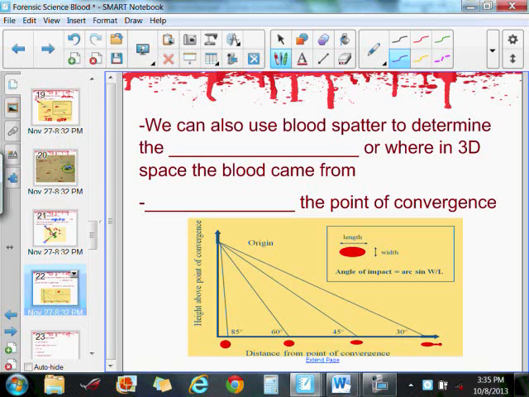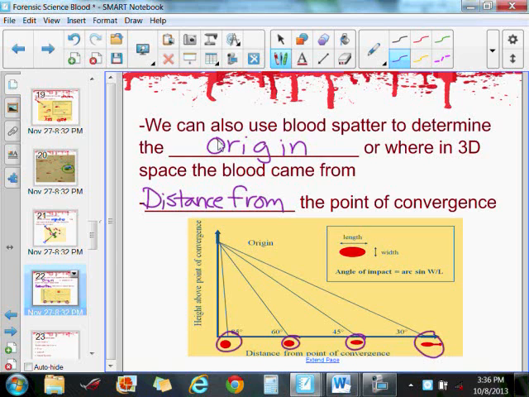We can also work in 3 dimensions for this. So once we find the point of convergence, we can determine the origin of the blood within the room. And we're going to use the point of convergence and the distance above or away from that point of convergence. So for example, we have these blood droplets down here, and we determined the direction, and we found that the point of convergence was here.